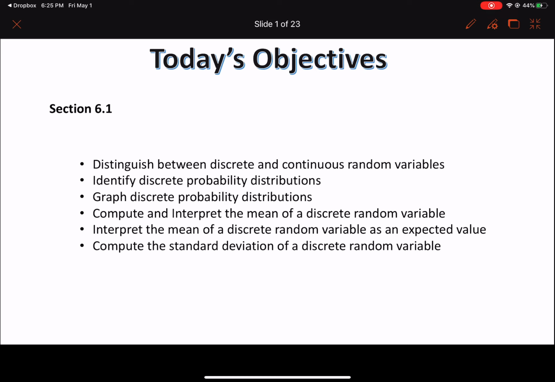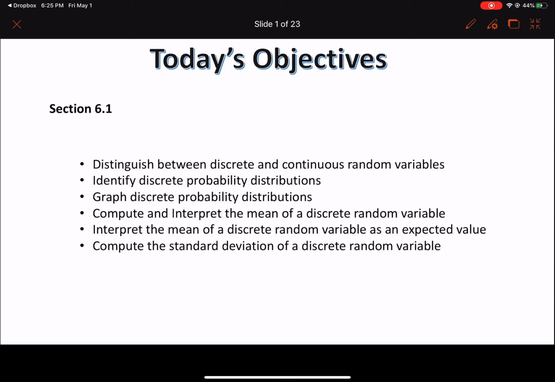One thing I need to point out is that you're going to come across several different ways to calculate mean and standard deviation depending on what you are doing. So make sure that in your notes you are clearly labeling what it is you are calculating the mean and the standard deviation of. And there will be keywords to look for.